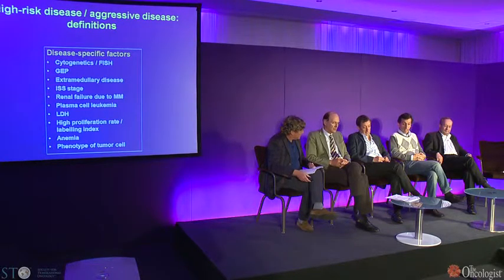Yes, I would like to mention also the adverse prognostic value of high LDH serum concentration, and also additional factors we can discuss for some of them if their value is that of a high or intermediate risk.